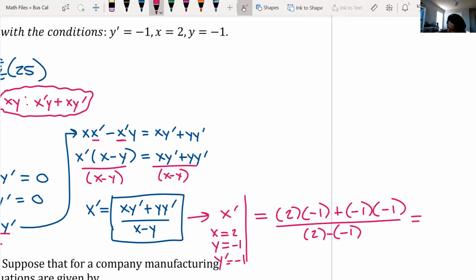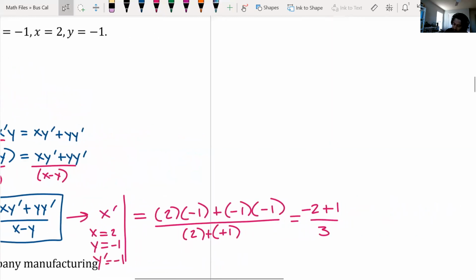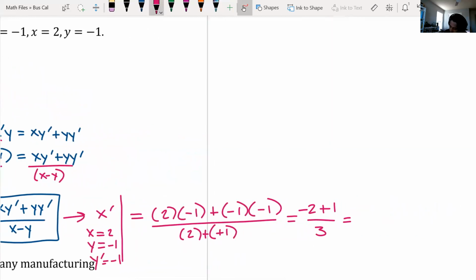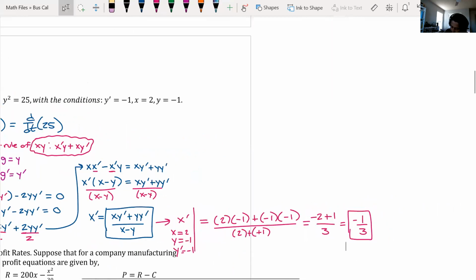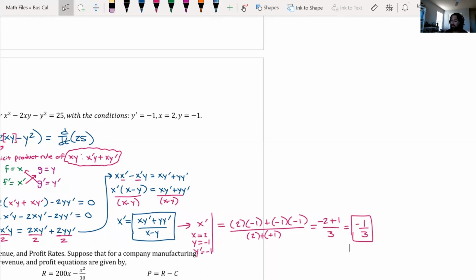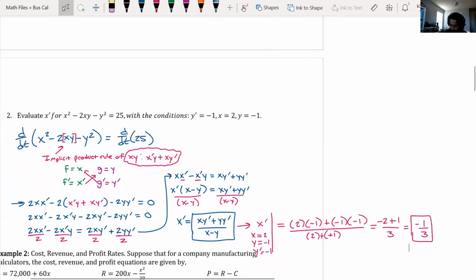And that's going to give me -2 plus 1 over, that becomes plus 3. So we're going to end up with -1/3. And there it is. -1/3 is the value of x prime.